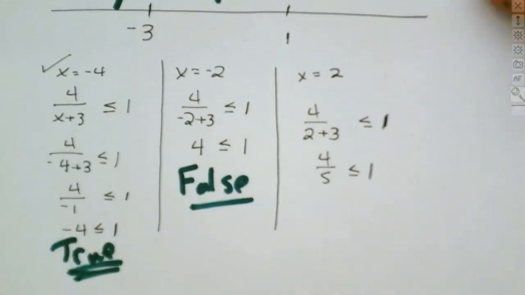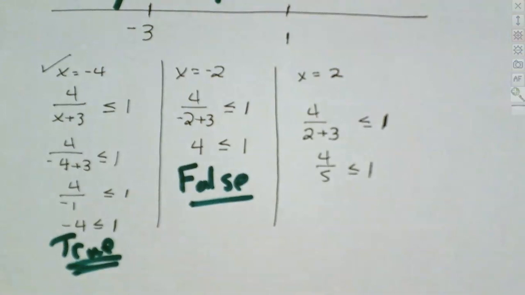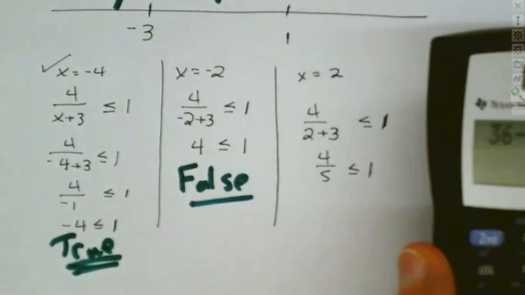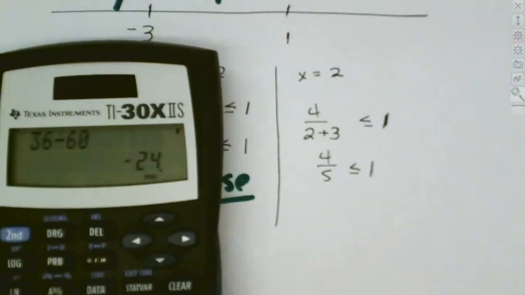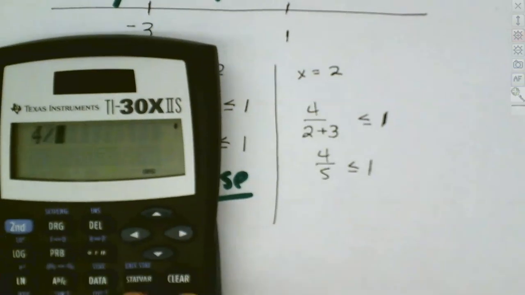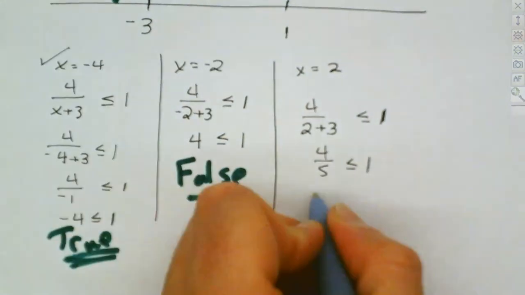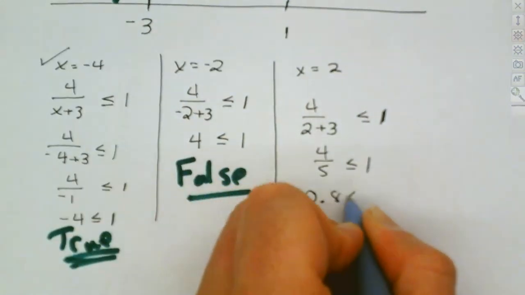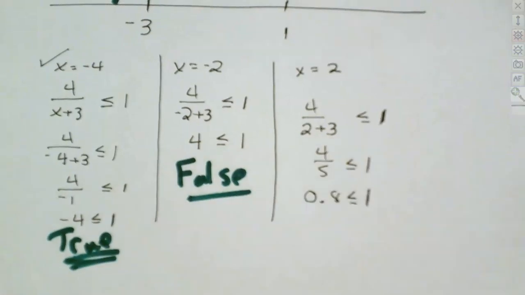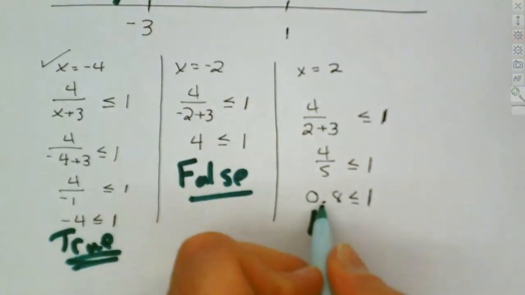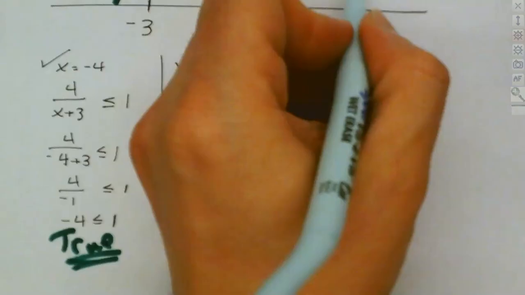What do we know about 4/5? If we use our calculator, what's 4/5? 4/5 should be 0.8, isn't it? Divided by 5 is 0.8. And so now is 0.8 less than or equal to 1? Is 0.8 smaller than 1? Yes. So that means this part is also true.